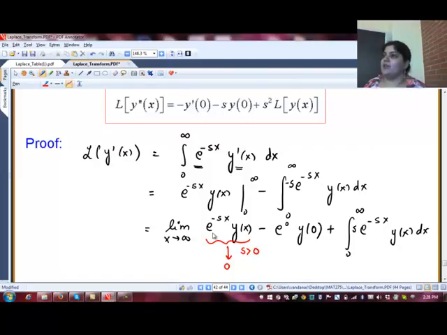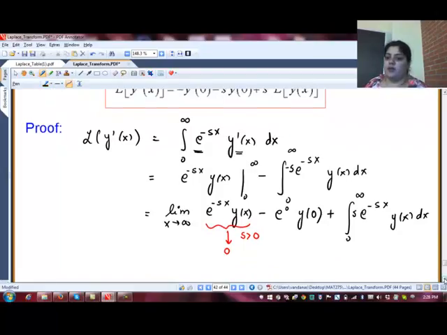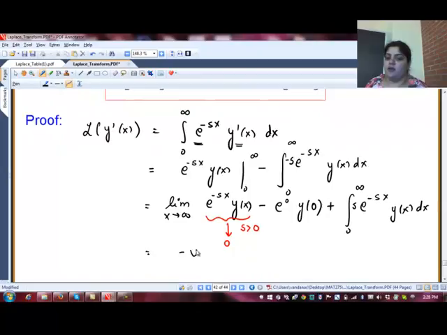That decides our domain. Now coming back up here, I got minus y0 because this term is gone. This term, I can pull this s out, and that is 0 to infinity e to the power minus sx yx dx.